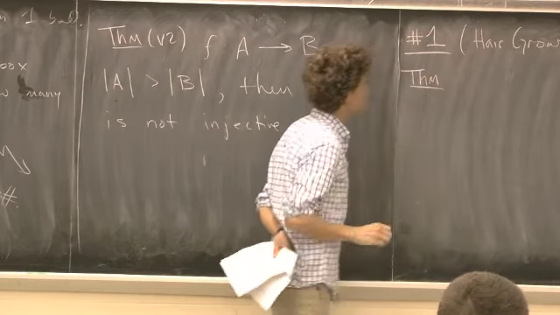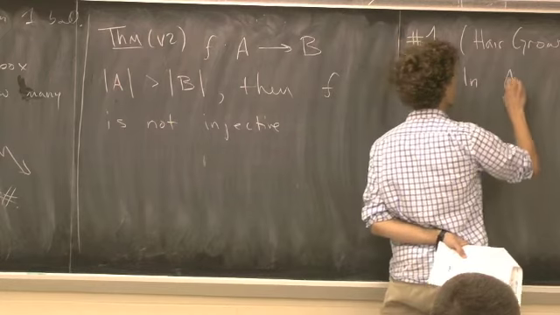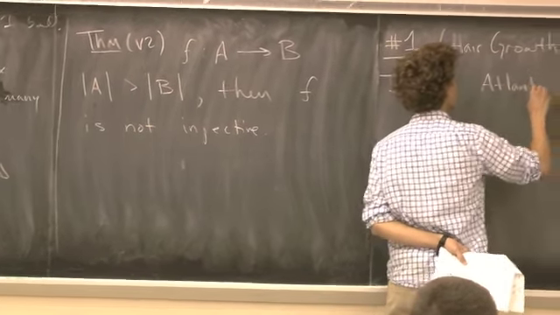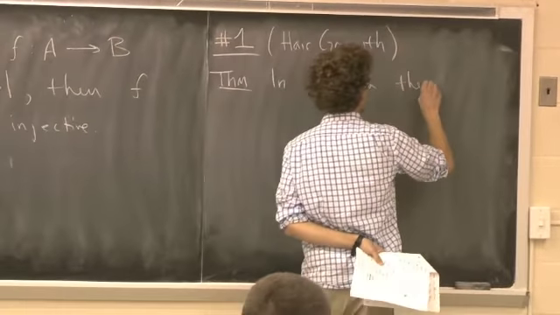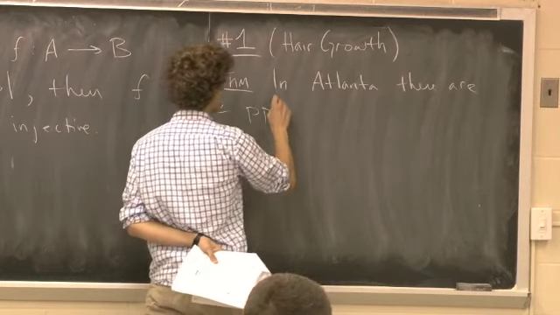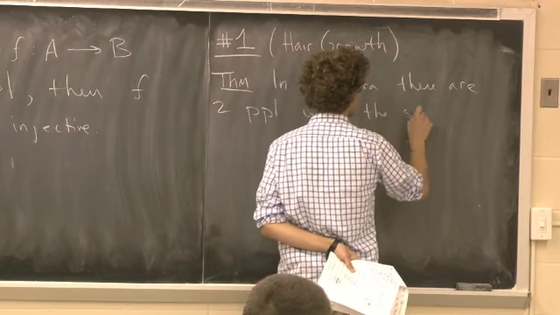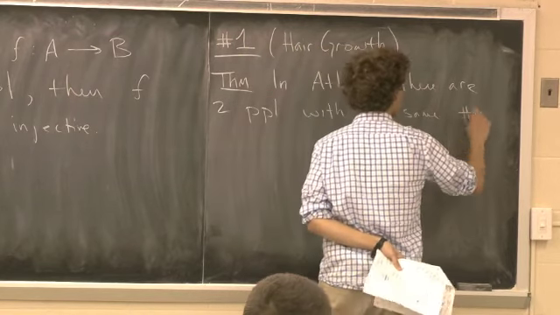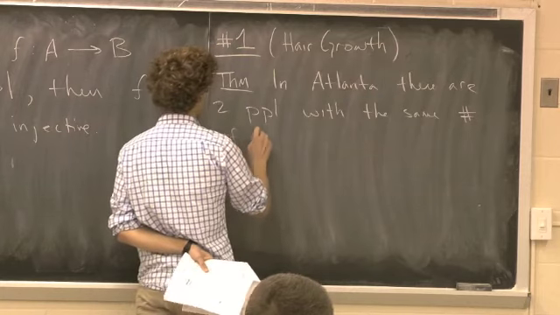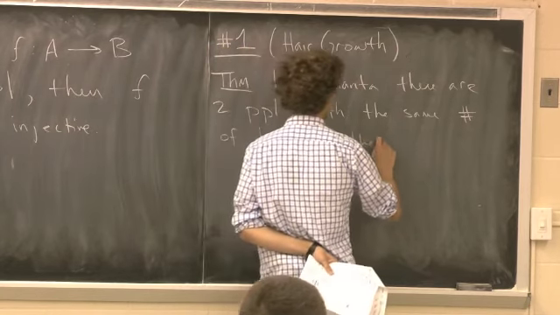So what's the implication for hair growth? So the theorem is: in Atlanta, there are 2 people with the same number of hairs on their heads.